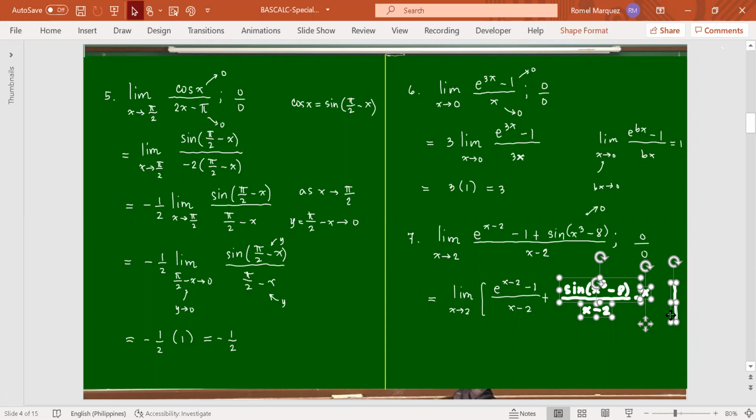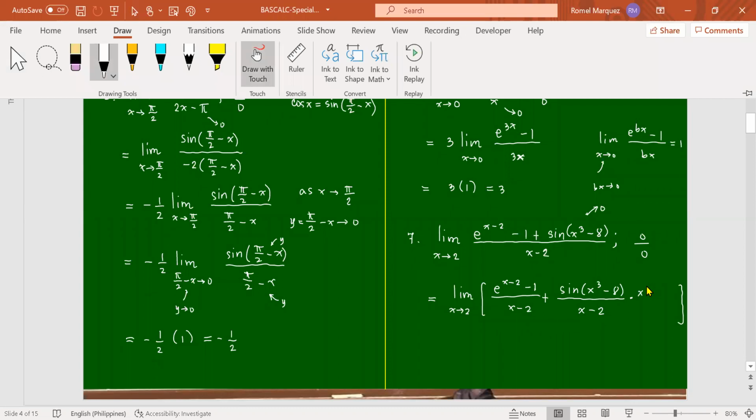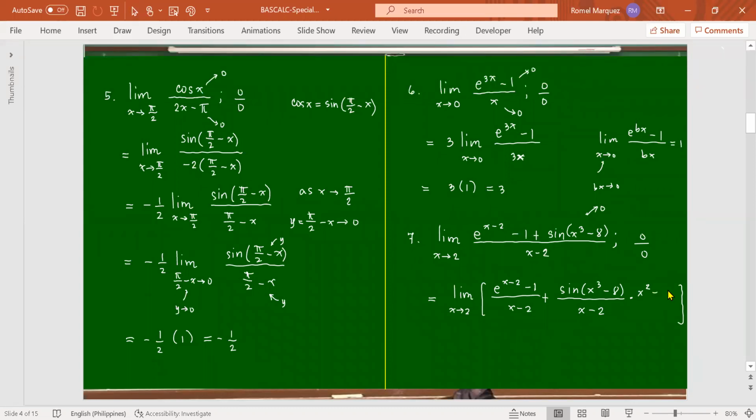Sophia, what am I going to multiply? X squared plus 2x plus 4. Paras din sa ilalim, no? Yes po. O, yan, paras na yan.